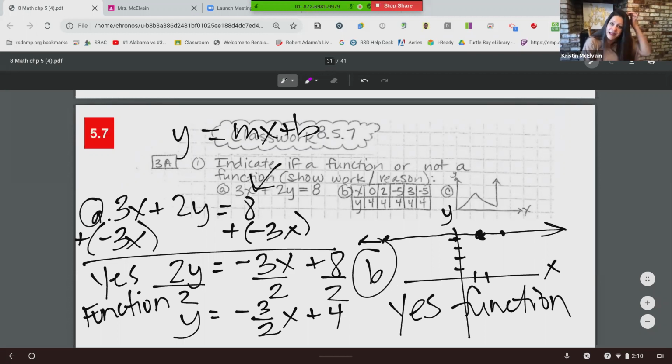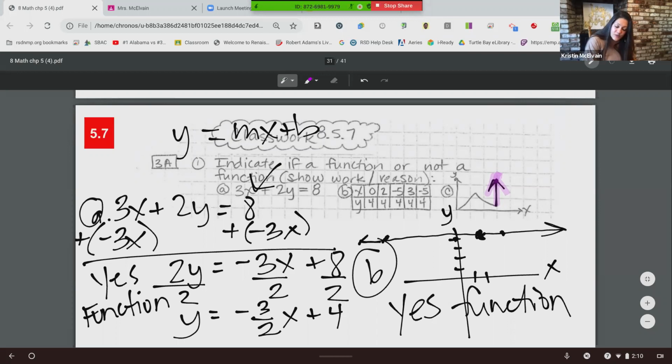Okay, so now where we have a problem is on C, and it's because we have this vertical line right here. What this gives us is a naughty word, undefined. And it's because we can't have 0 as the denominator. That's the naughty word, undefined.